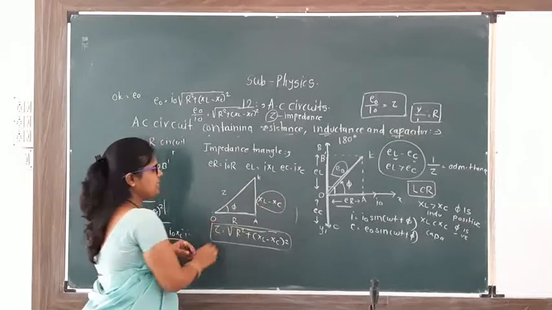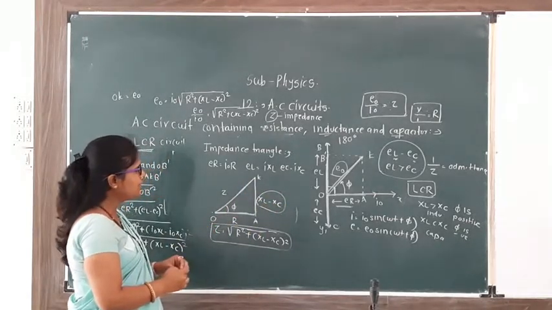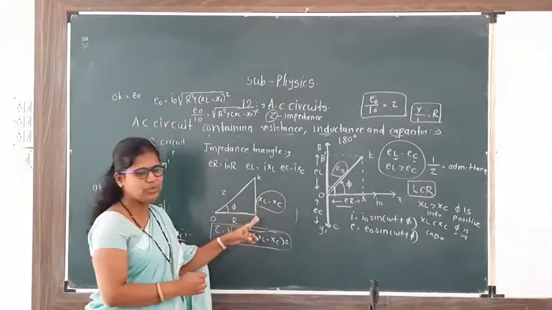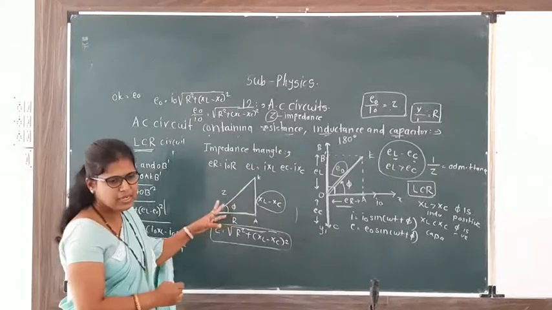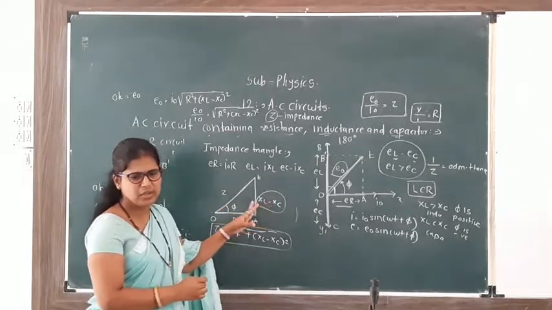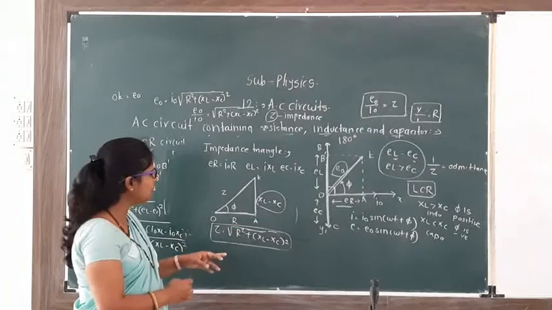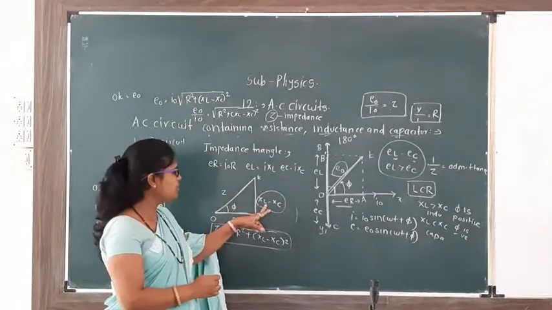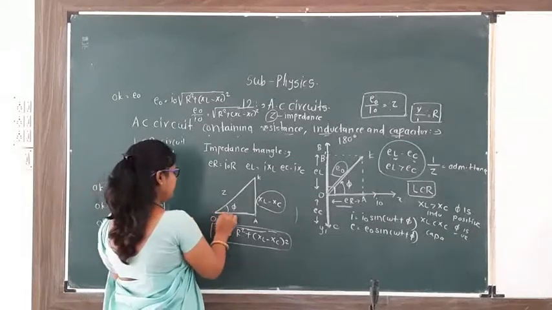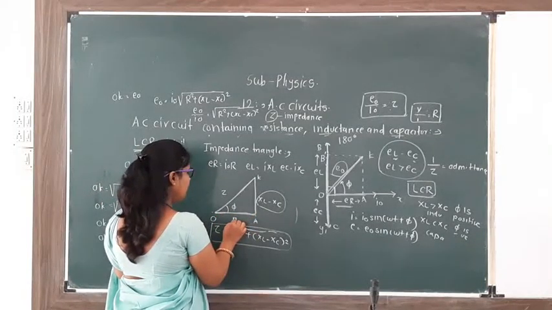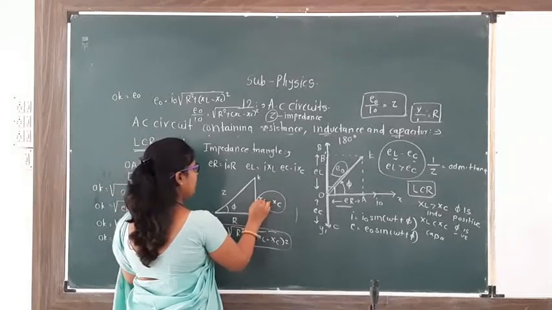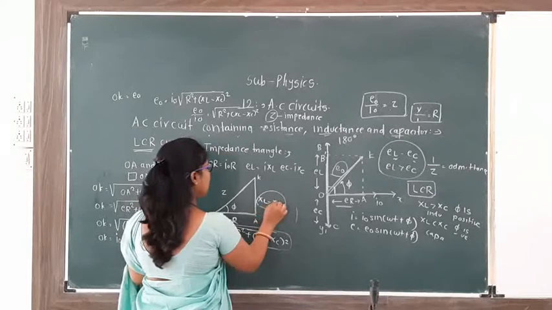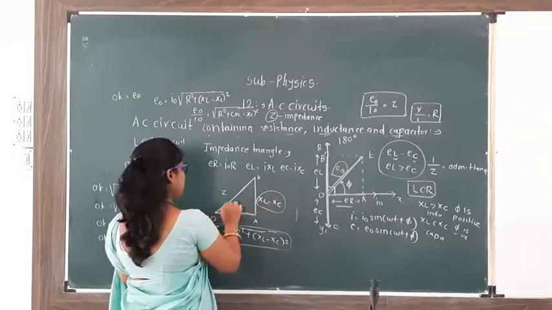XL minus XC means, when an inductor and capacitor are connected, OA represents the ohmic resistance and the perpendicular AK represents the reactance.